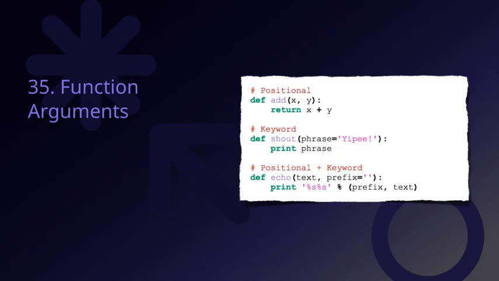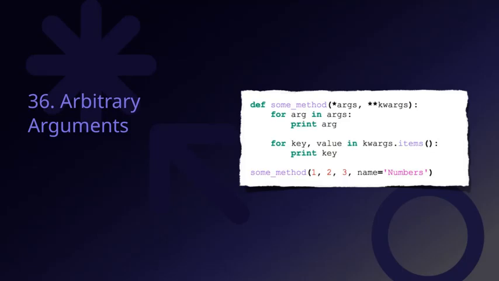Now, let's move on to the concept of arbitrary arguments. This is a powerful feature in Python that allows us to create functions that can accept a flexible number of arguments. Instead of defining a fixed number of parameters, we can use special syntax to handle any number of inputs. This is particularly useful when you're not sure how many arguments might be passed to your function in advance. Think of it as giving your function the ability to be more adaptable, making your code more reusable and elegant.